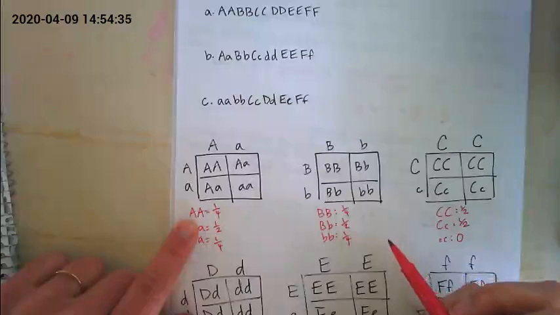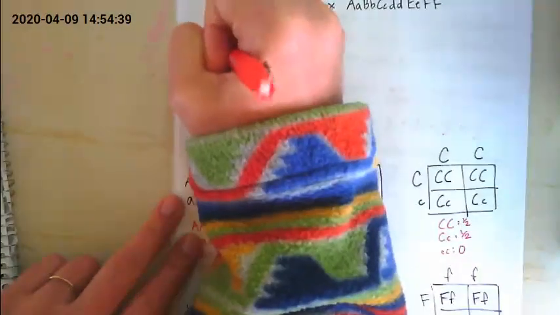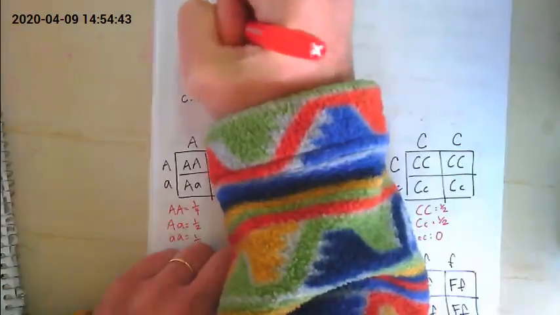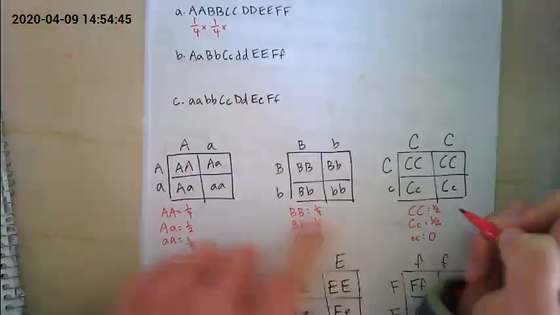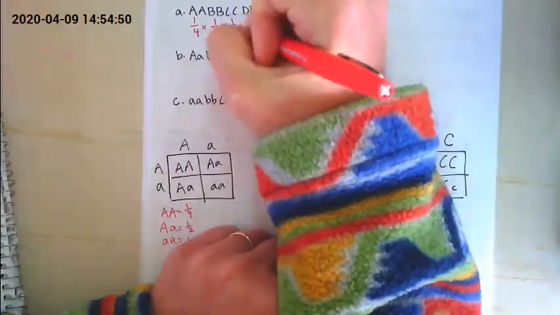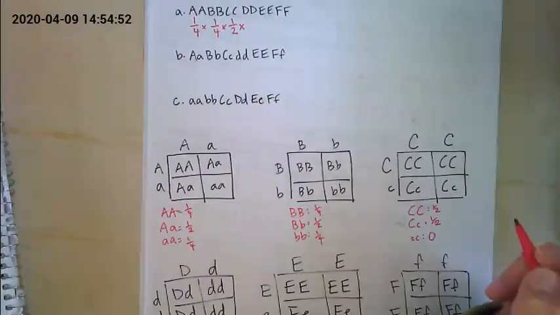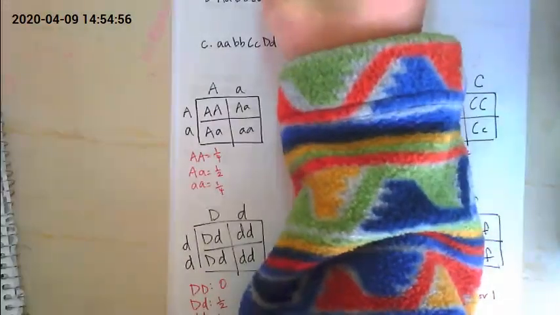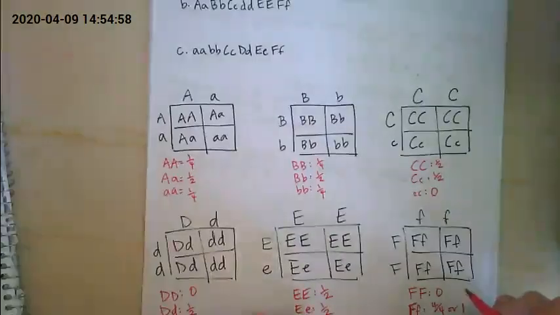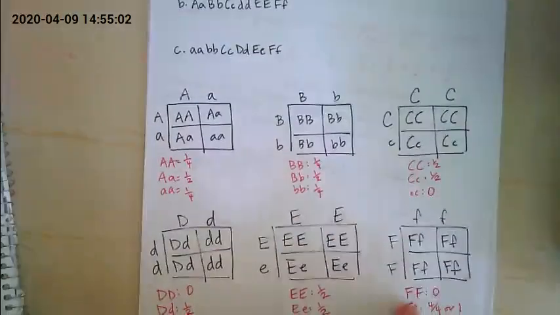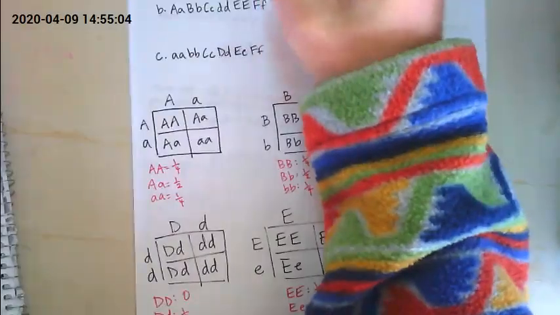To get those two to have big A would be a 1/4 chance. 1/4 chance for B's. 2 big C's, hey, 1/2. Big D's, 0. I'm already liking this problem. E's, we got a 1/2. And then big F's, we got 0.